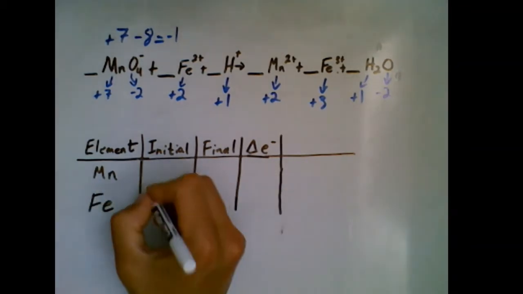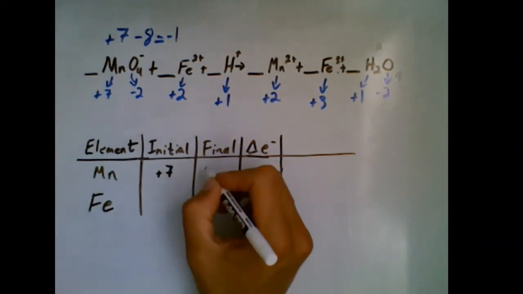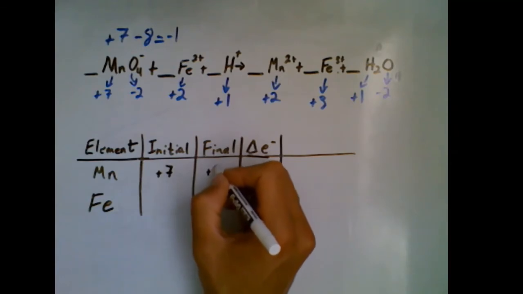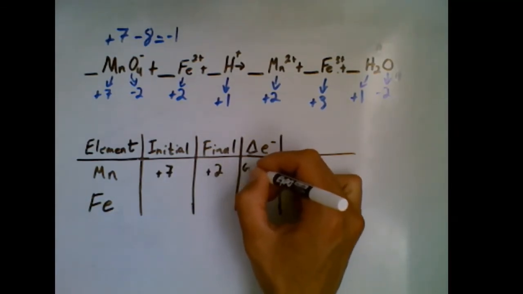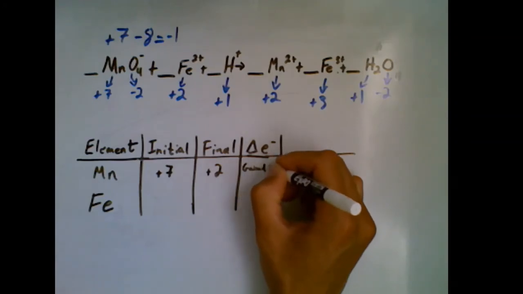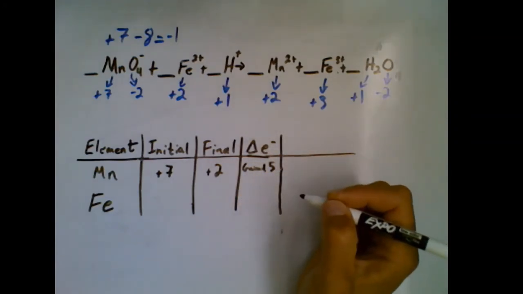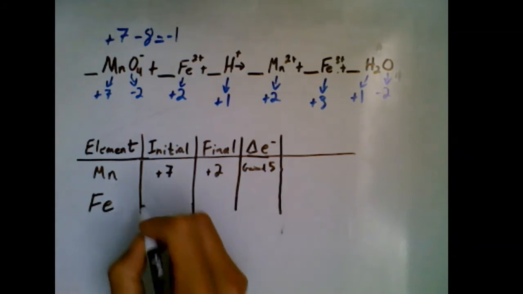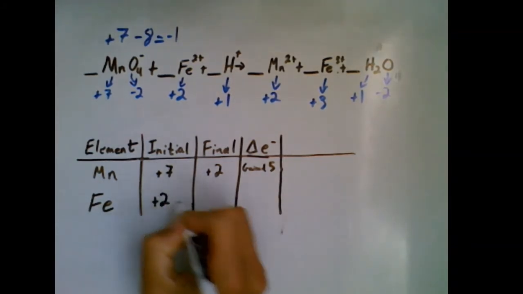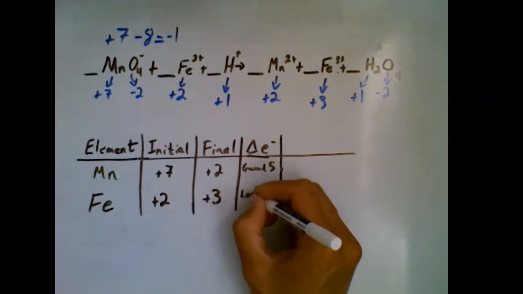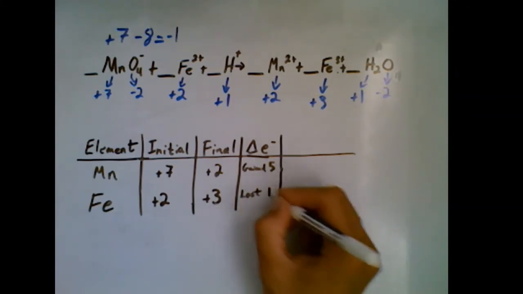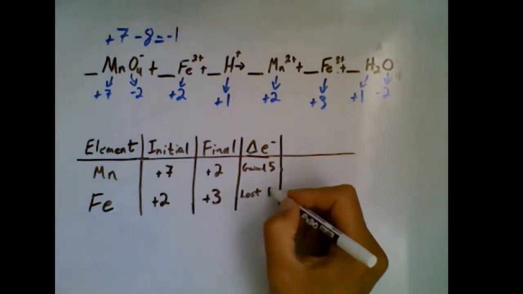So the manganese starts as a +7 and ends up as a +2, which means it gained 5 electrons. Whereas the iron started as a +2 and went to a +3, so it had to have lost 1 electron.